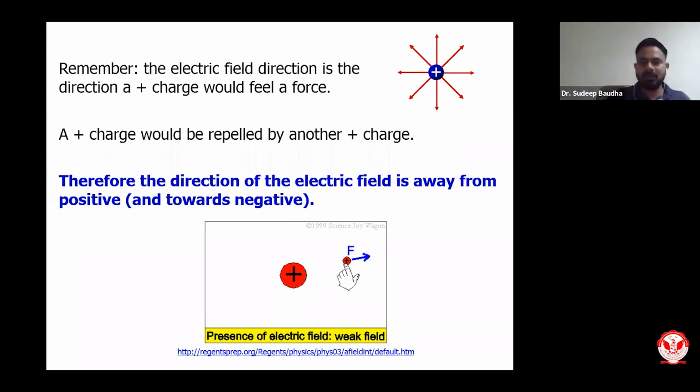It will always come out from positive. As you can see in the animation, electric fields are always generated from positive charge and move away from it. Since they move away from positive charge, they go towards the negative charge. That is the analogy we understand from this diagram.